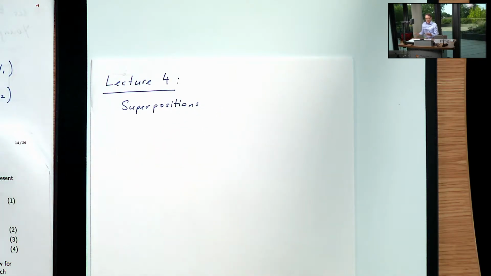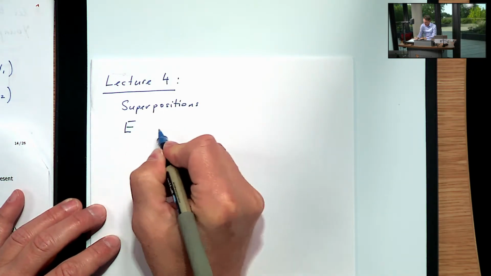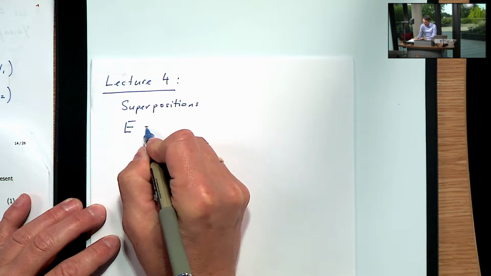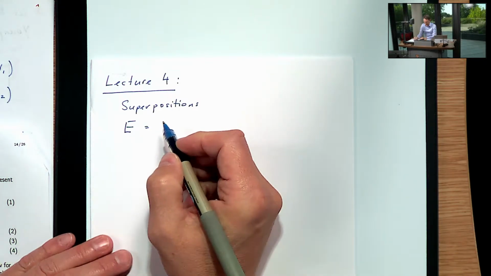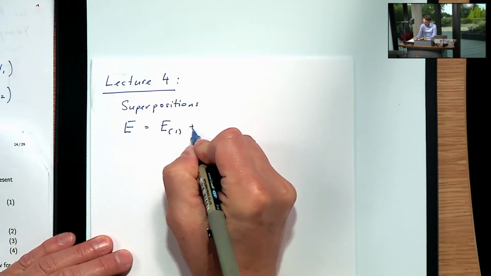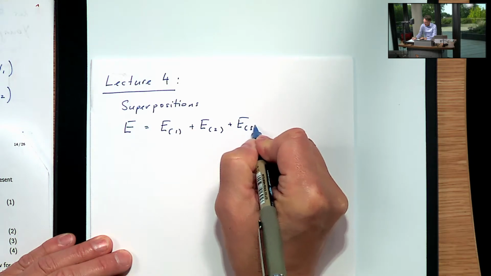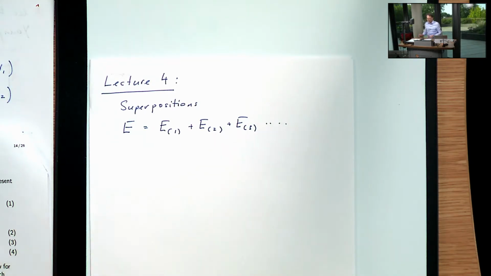And so this means that if you have a field, let's say an electric field that is composed of several different fields, let's call this one E1 plus E2 plus E3 and so on.